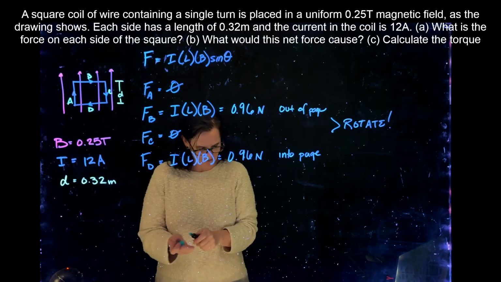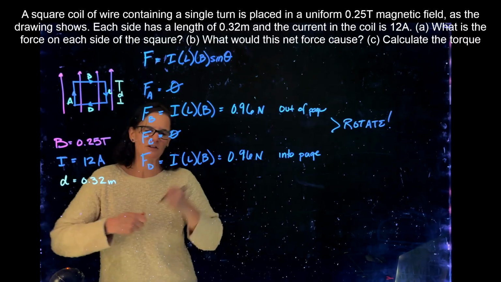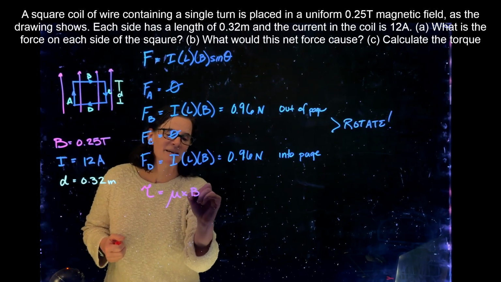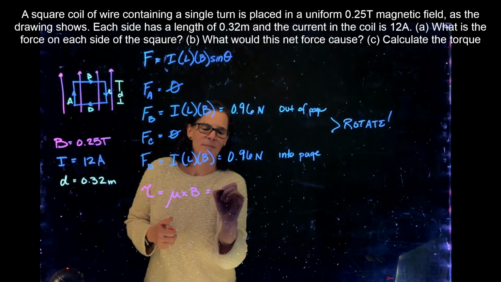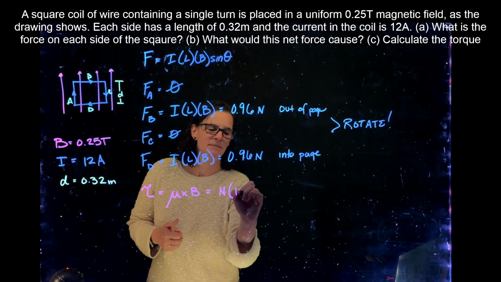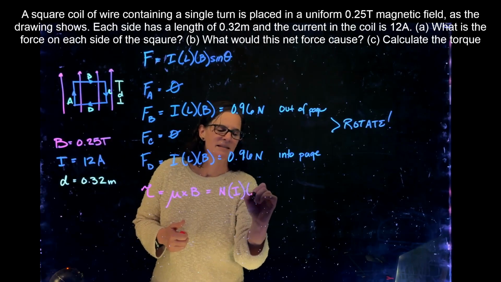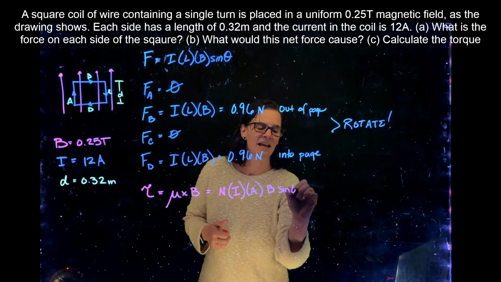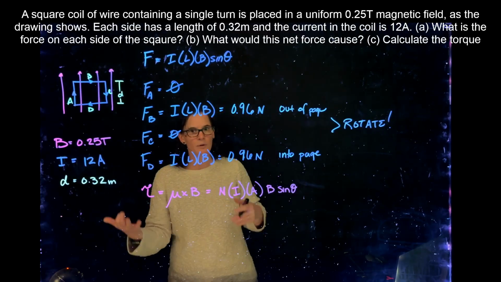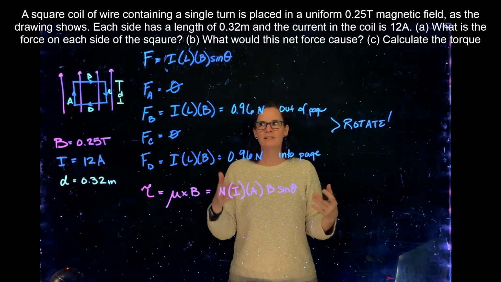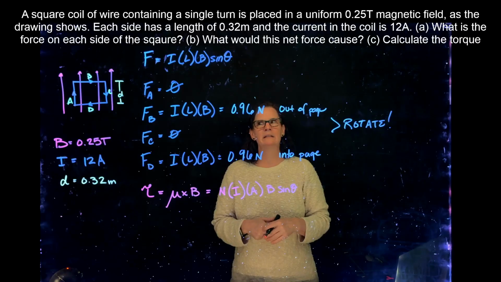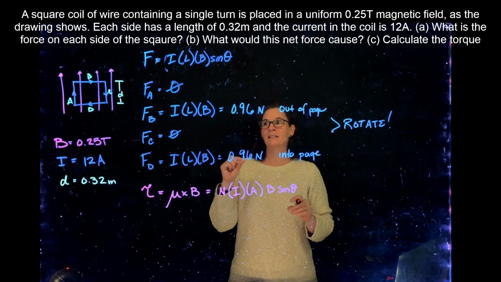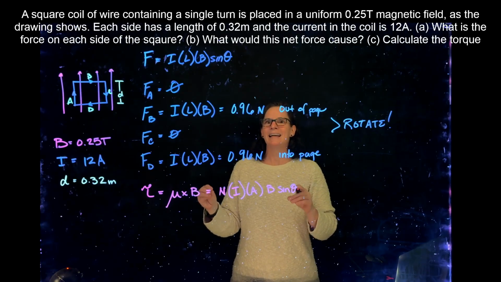So when we think about our torque relationship, let's remember that the torque is mu cross B. And mu, remember, is N times the current times the area, times B times the sine of the angle, where that angle is between mu and B, or between the arrow perpendicular to the surface area and the magnetic field.